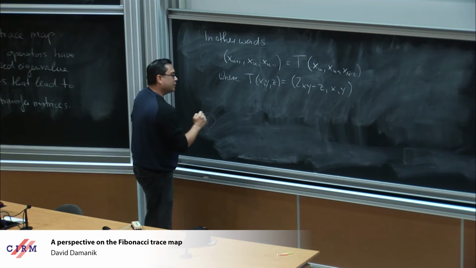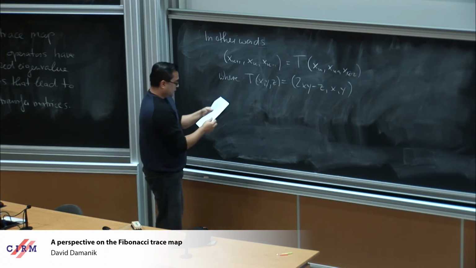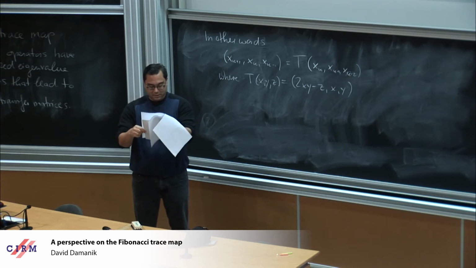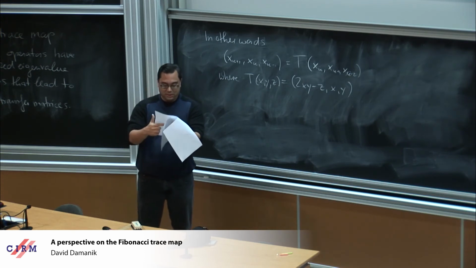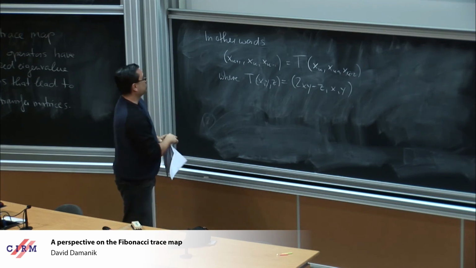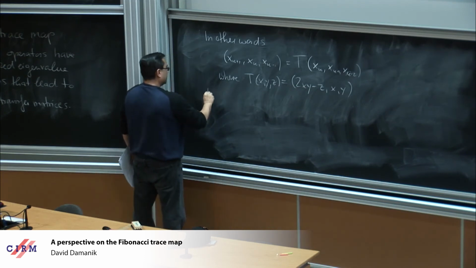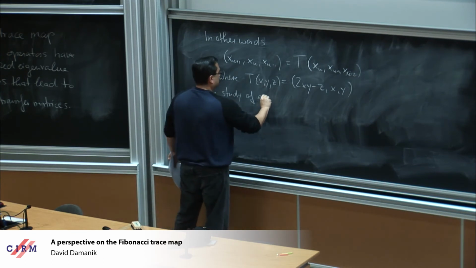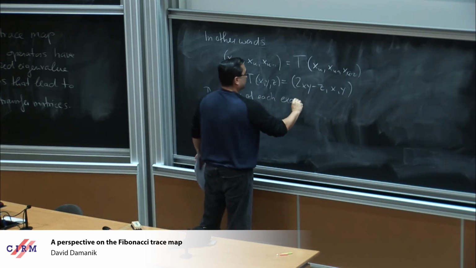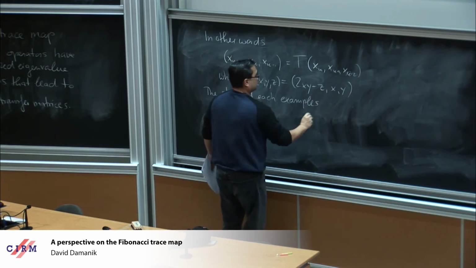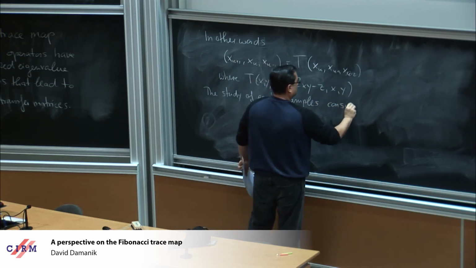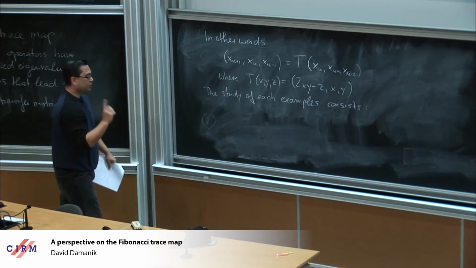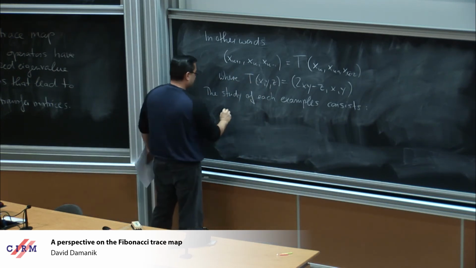And so the very first thing to note. So the study of each of the 5 examples consists of, if anything, the next 2 lines are the point of my talk, and then I want to explain what the 2 things are.